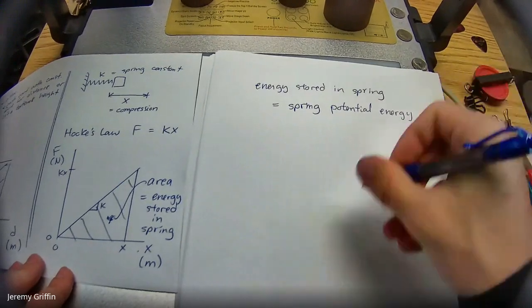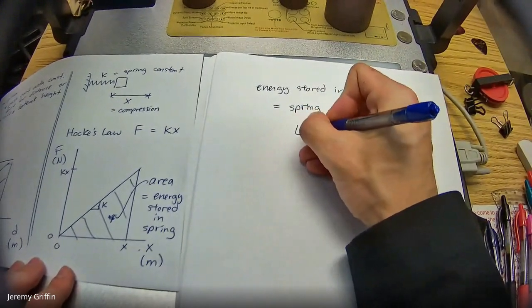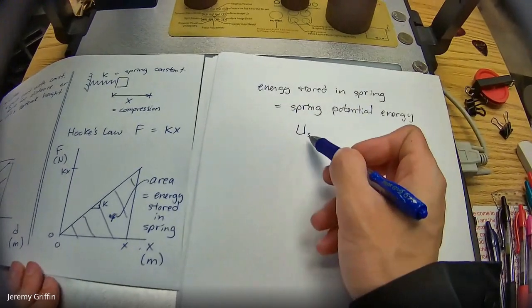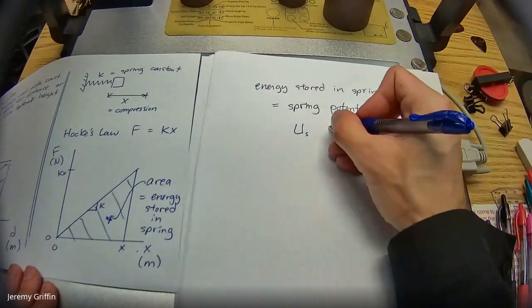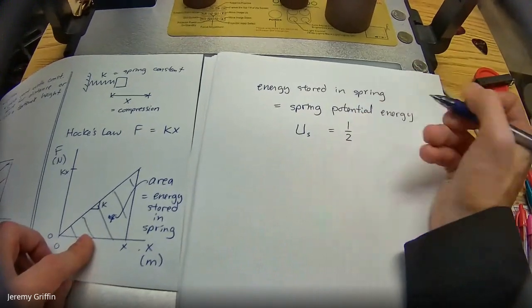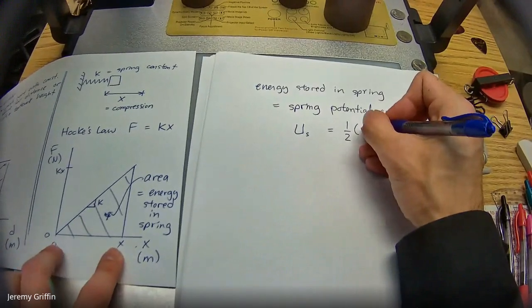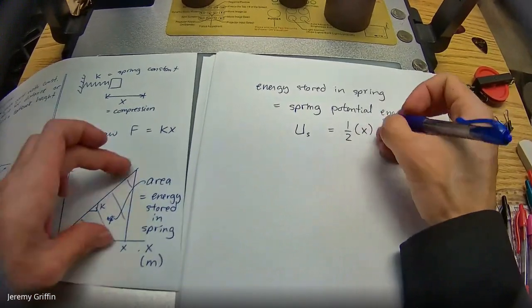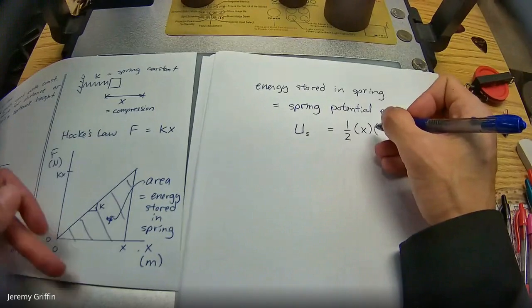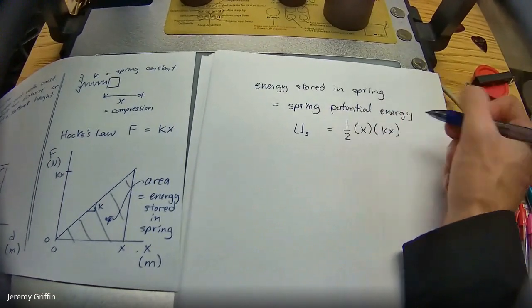So our next building block, our next mechanical energy. Okay? It's written as U sub S, so U is potential energy, but the subscript S is talking about a spring. Well, it's the area of that triangle, and that's 1/2 base times height. It has a base of some general value x, and the force is equal to kx, because that's Hooke's law right there.